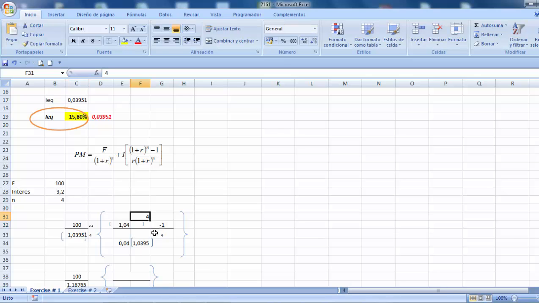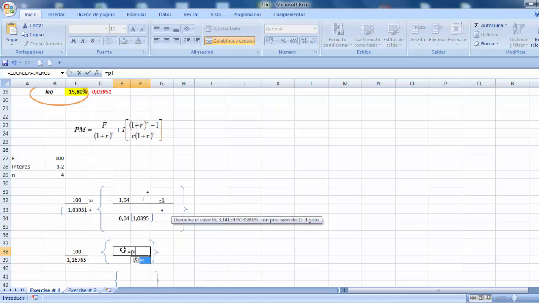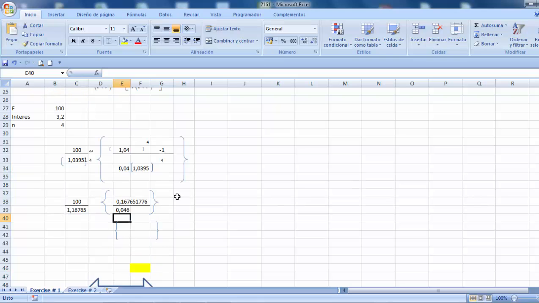We have to raise 1 plus the rate by 4, and the value is 1.03. On the next side, put the rate obtained, and down below we multiply the rate.